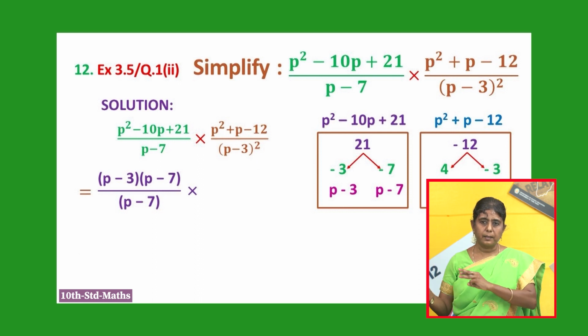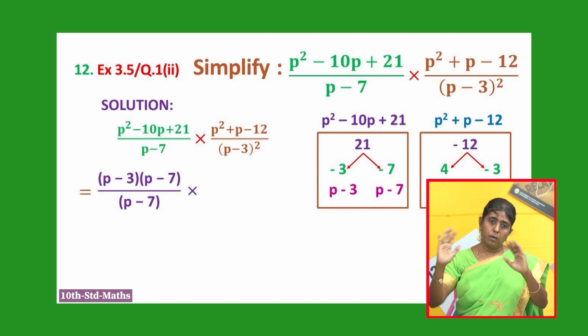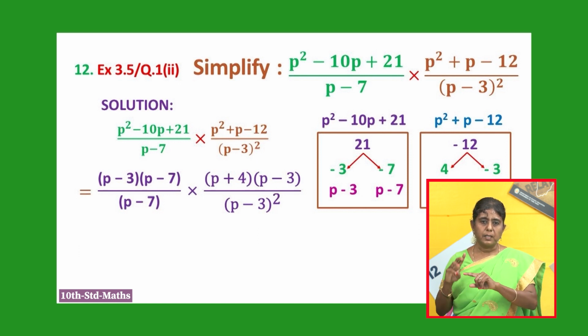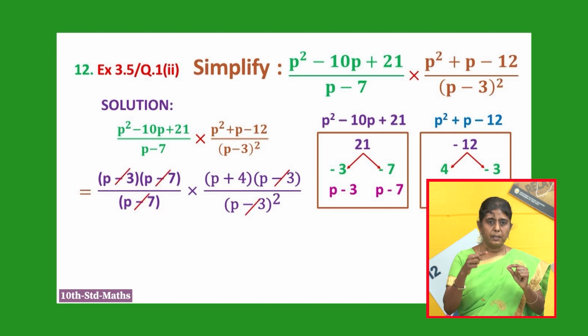So now all those factors we have to substitute in, that was done there. P minus 3 into p minus 7 divided by p minus 7 into, for the p square plus p minus 12, we have the p plus 4 and the p minus 3. So what can be done? The p minus 7, p minus 7 we can cancel in the first fraction.